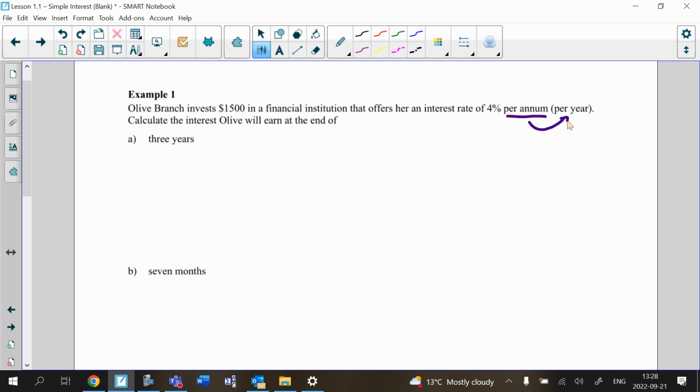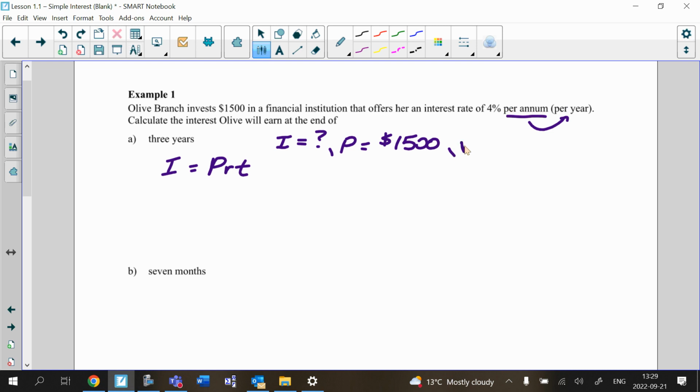Well, we still use this formula. So I is what we're trying to figure out. That's the unknown. P is how much money she invests or borrowed. Well, in this case, it's 1,500. The rate of interest is 4%. I have to change that to decimal.